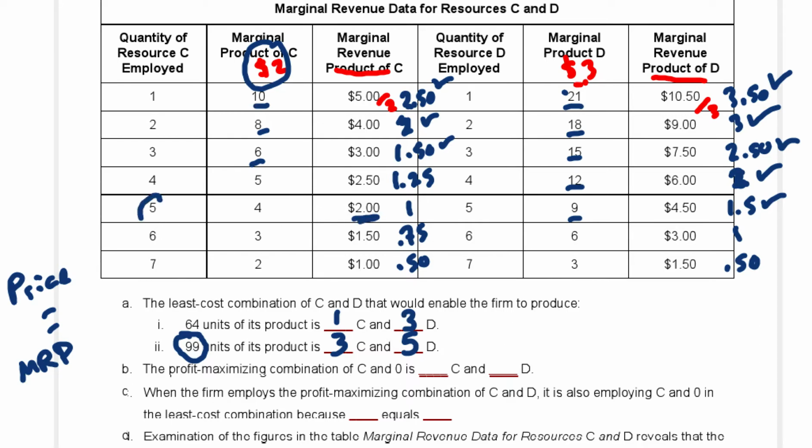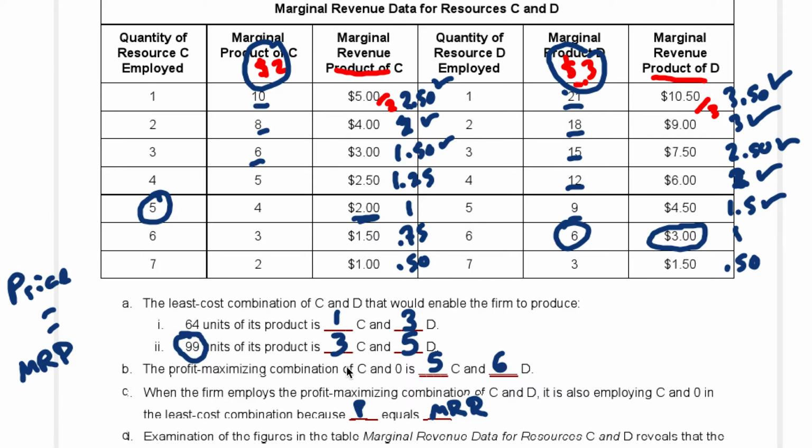So I'm going to hire 5 of these, and this, remember, is $3, and I'm going to go right there. So I'm going to hire 6 of those. Okay, and that is my least cost combination. So the profit maximizing combination of C and D is 5 and 6. It's also my least cost combination because price equals MRP. I just wrote it down over there. Hey, nice.